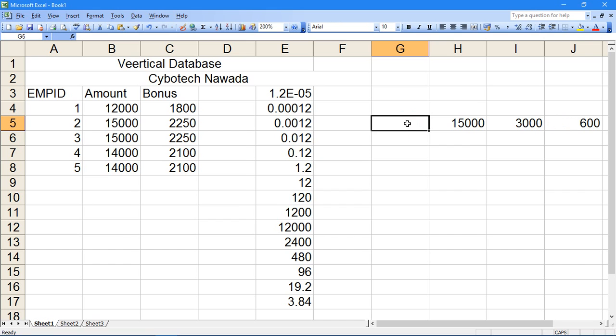Similarly, if here I am going to write equal H5 into 9%, okay, now using the fill handle, if we copy this formula leftwards, here the formula is H5, but here the formula is G5. In the cell address, the column name is automatically decreased.